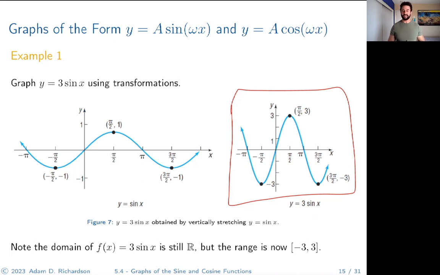And you can tell because if you look at the actual labels, if you look at the tick marks and the labels on the tick marks, they tell you where the points lie. So over here, this is the point 2 pi on this graph, but over here, this is the point 2 pi on this graph. So even though visually it looks like there's a horizontal compression, there isn't. And how do we know that? Because we're literally looking at the labels on the graph.